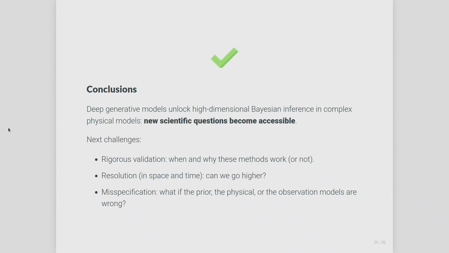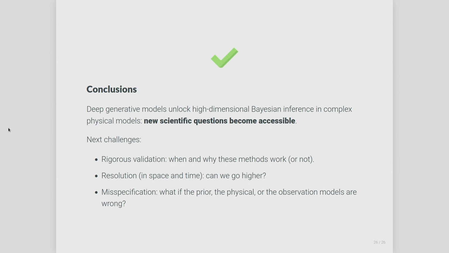The first one is validation. In everything I've talked about so far, what you obtain are approximations of the posterior. They can be quite far off from the target that we want to approximate. So understanding when and why this method works is an important question, even more important and more challenging at those scales.